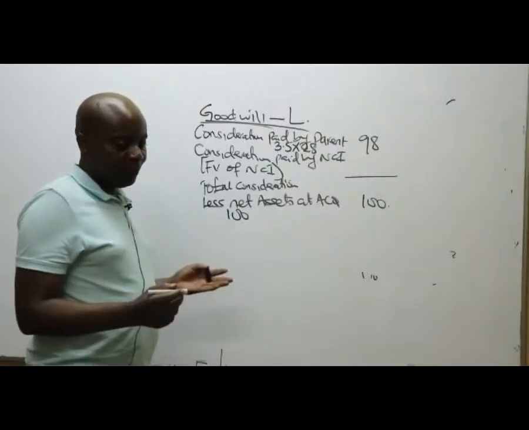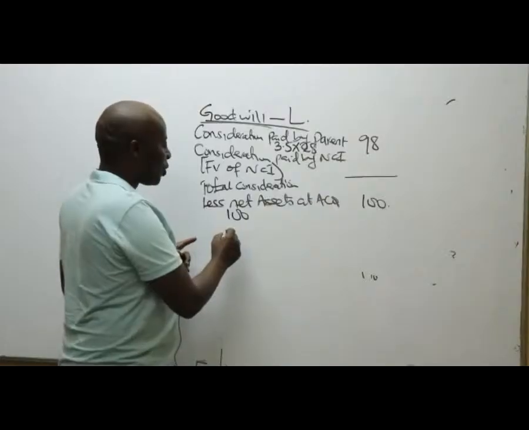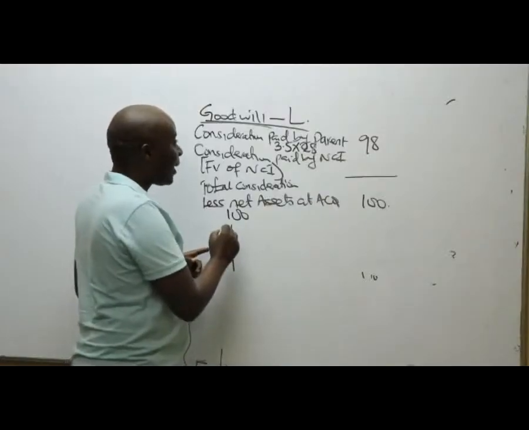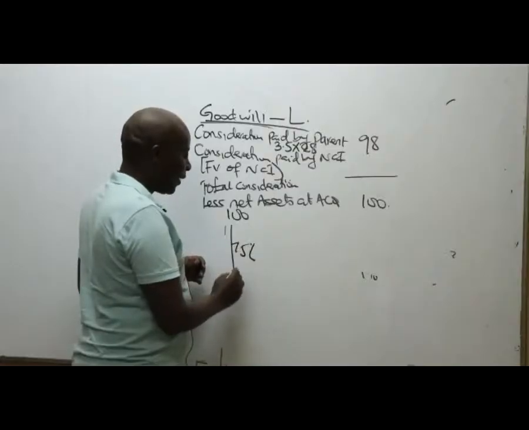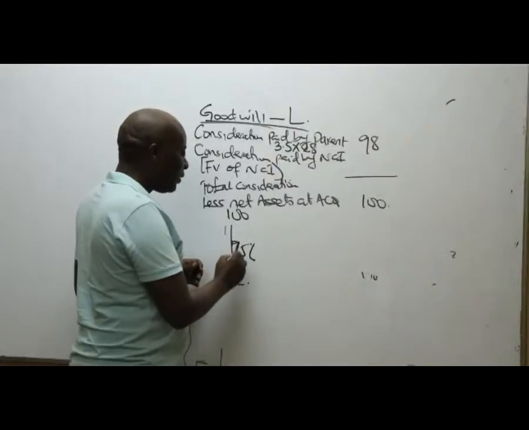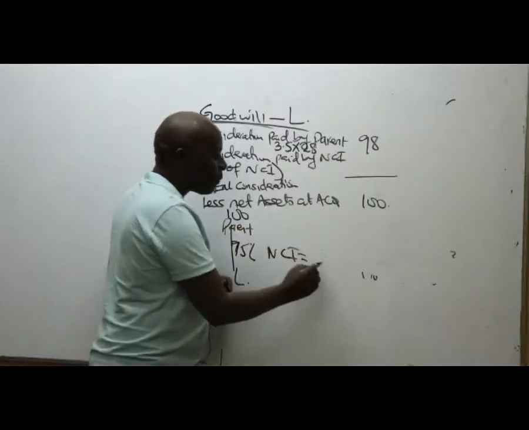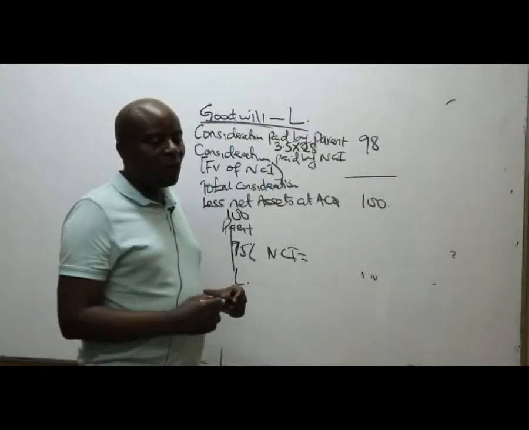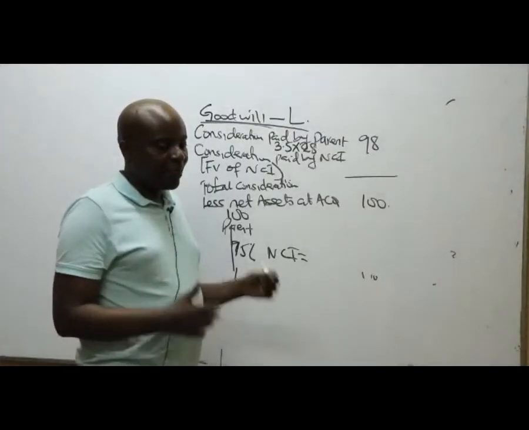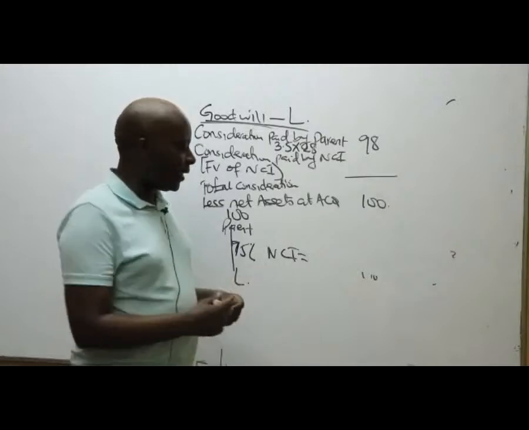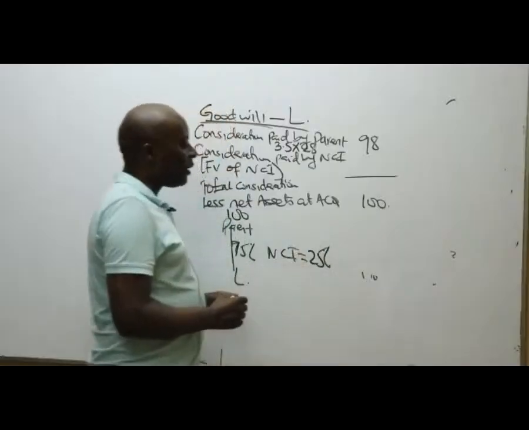The parent bought 75%. So meaning that if the parent has 75% of L, then NCI will be having 25%, yes, because the two percentages must add up to 100%.